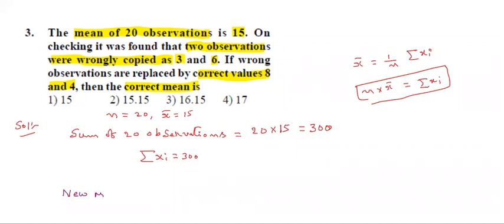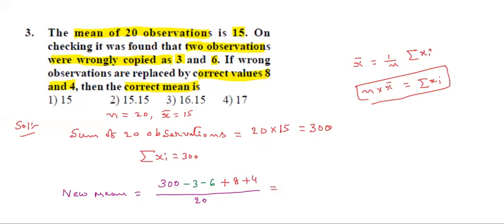New mean is equal to, the total number of observations is 20 only, and the sum of the observations is 300. Out of this, the wrongly copied observations I am going to subtract, and add the new observations. What are they? 8 and 4. Now calculate this.